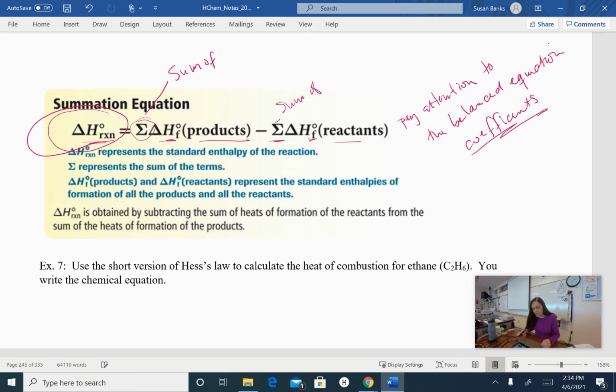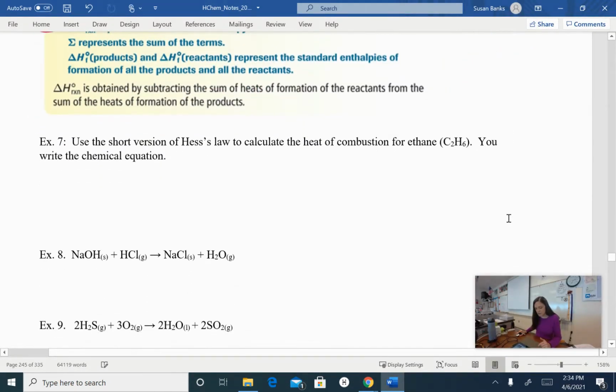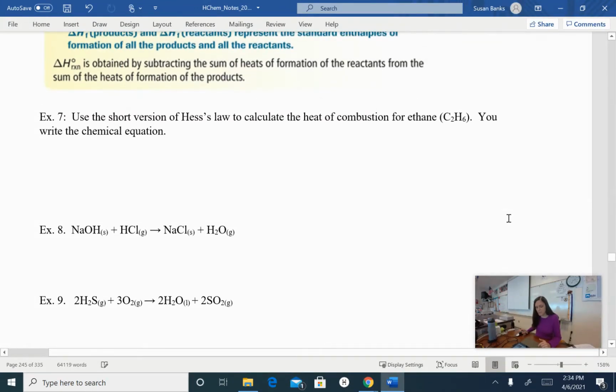Okay? So, here we go. We're going to do this on a couple of these examples here. So we're going to use the short version of Hess's law to calculate the heat of combustion of ethane. Okay, we're going to write the chemical equation. So if we're doing combustion, do you guys remember combustion?